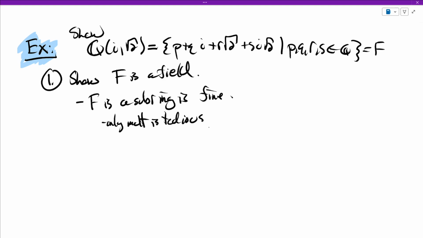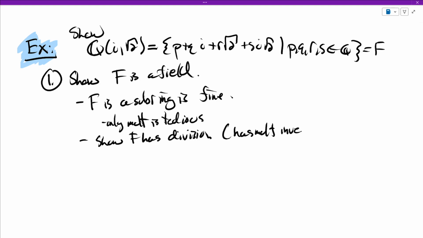And then we need to show that F has division. Since it's closed under multiplication already, this is the same as having multiplicative inverses. So we're just going to show it has multiplicative inverses.